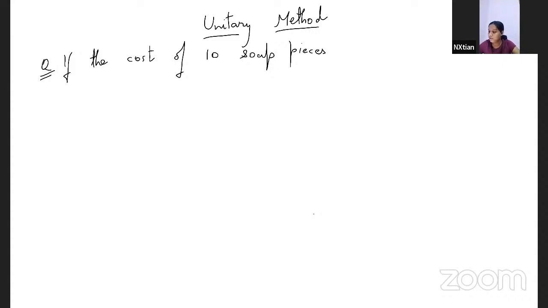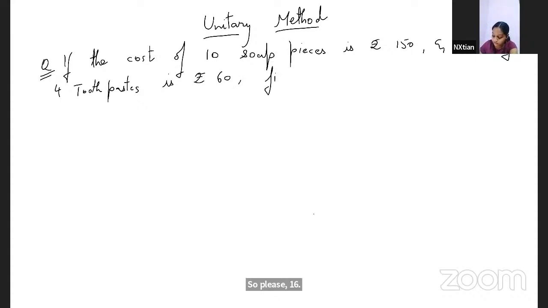If the cost of 10 soap pieces is rupees 150 and the cost of 4 toothpastes is rupees 60, find the cost of 6 soap pieces and 2 toothpastes.